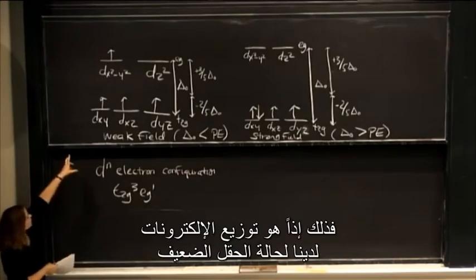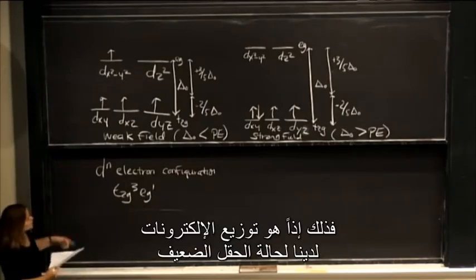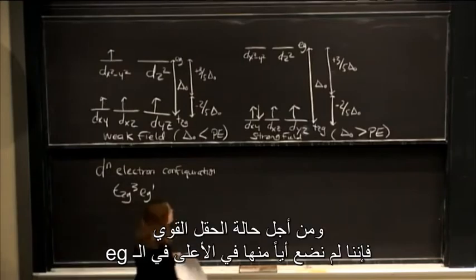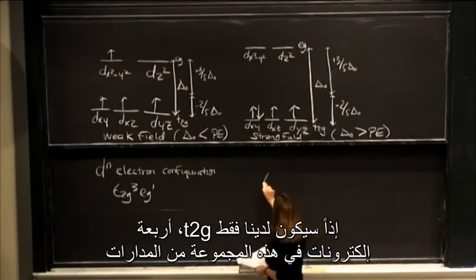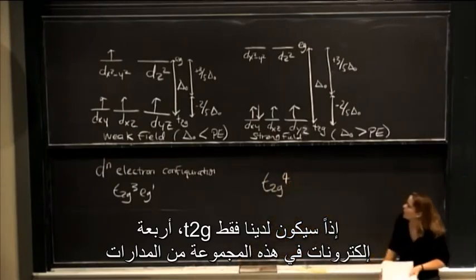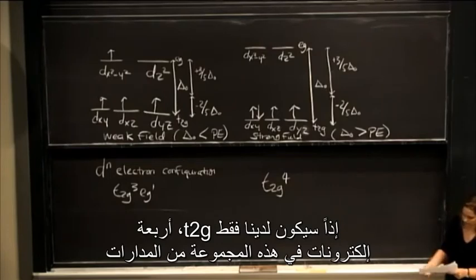So that is our electron configuration for this weak field case. And for the strong field case, we didn't put any up in the eg, so we just have t2g, 4 electrons in that set of orbitals.